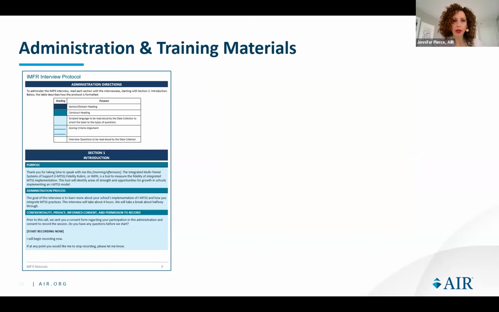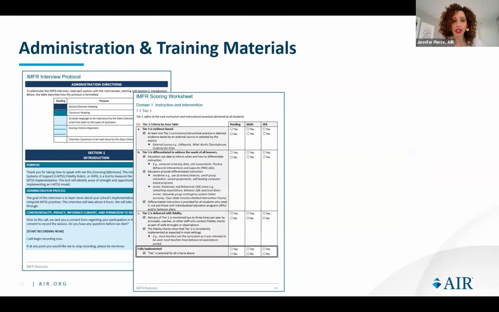I also mentioned we have a suite of materials that support the rubric itself, which is what we call the tool for measuring integration. So we've got an interview protocol. It's highly structured with very specific questions to get at integration in the 14 items. There's a scoring worksheet for someone to use to help make sure that they're coming to correct scoring decisions and therefore accurately rating the school in the 14 items.